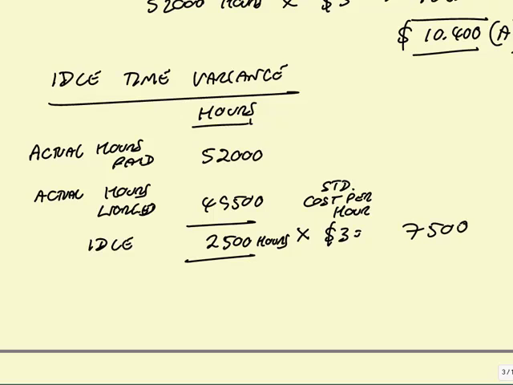Finally, having dealt with idle time and the rate, the final bit, of course, is did they work fast enough? Every unit should have taken 8 hours. We need to check. Did we take longer or did we work faster? So the last one, and again, make sure you've learnt the names, is the labour efficiency.